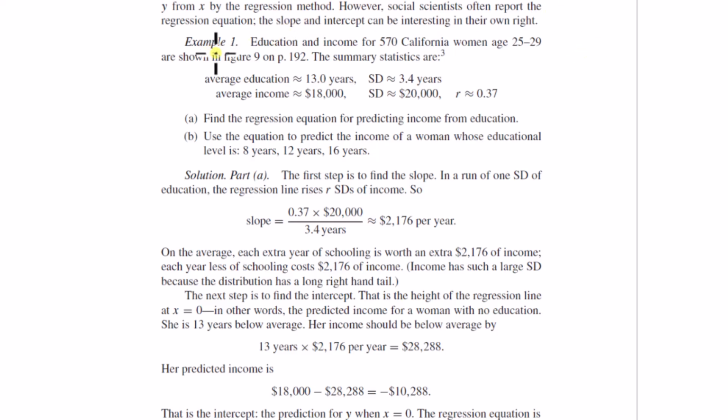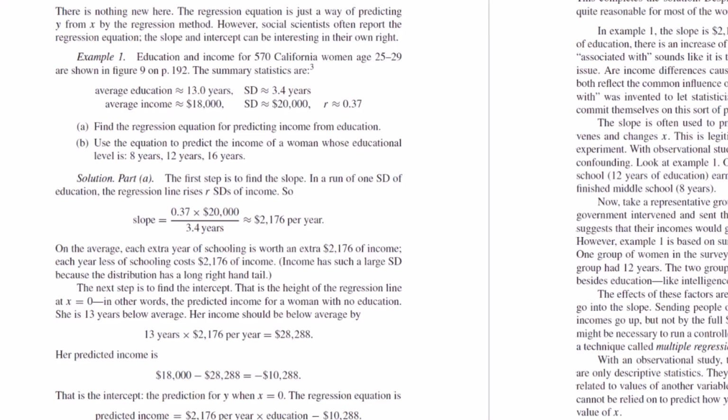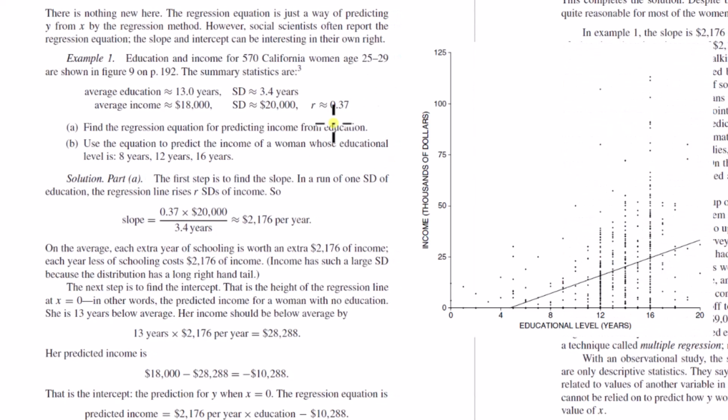Okay, example 1. Education and income for 570 California women aged 25 to 29 are shown in figure 9 on page 192. The summary statistics are, so let me bring that in. Okay, there's figure 9. Here's the statistics. So find the regression equation for predicting income from education.